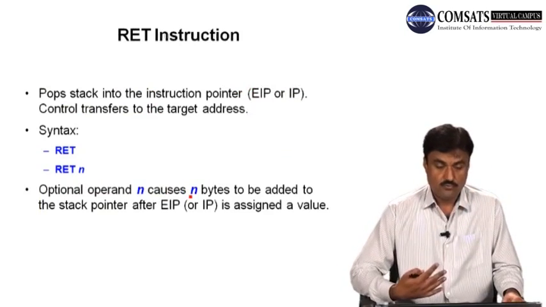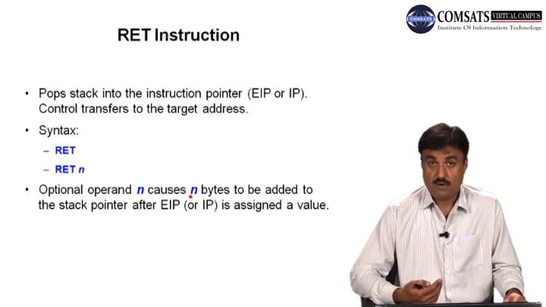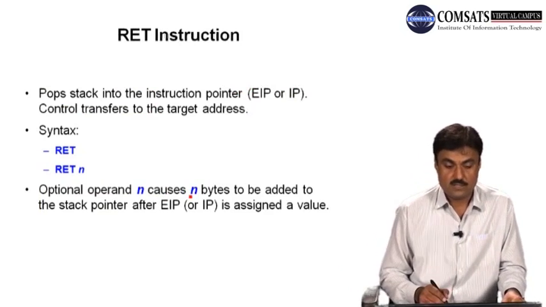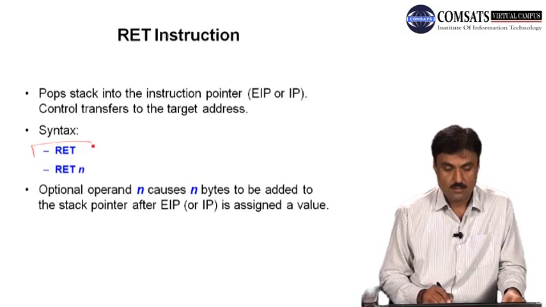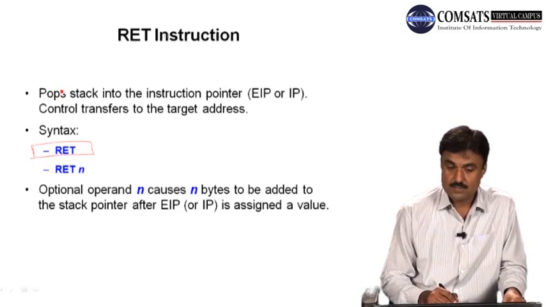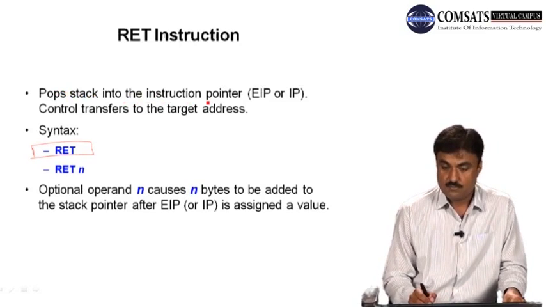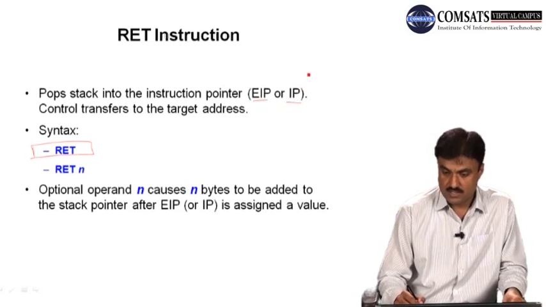When we exit from the procedure, we use the return instruction. We have seen this simple return instruction. This return instruction pops the stack into the instruction pointer. So EIP, the instruction pointer, receives the return address.